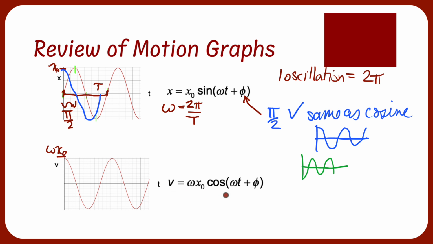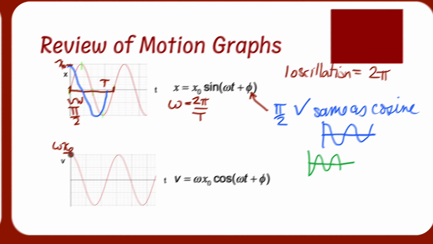But again, we don't always start our time equals 0 with a maximum speed at time is 0. So we may end up having a phase shift. Don't let that panic you. It's there just so that we can give variations of these graphs. We don't have to start at these exact points.